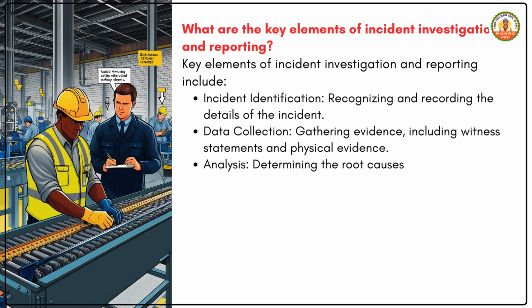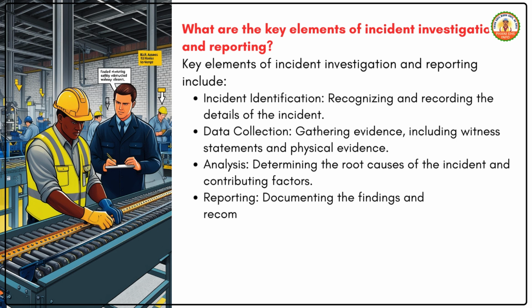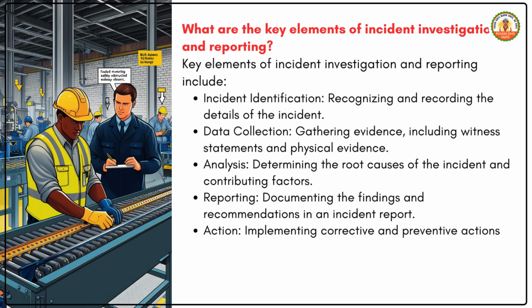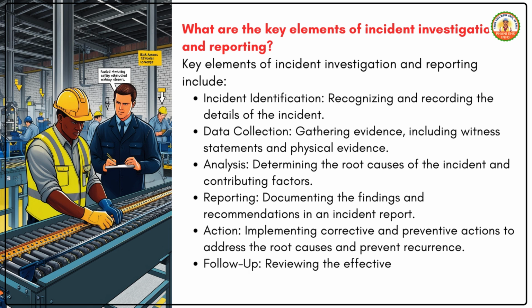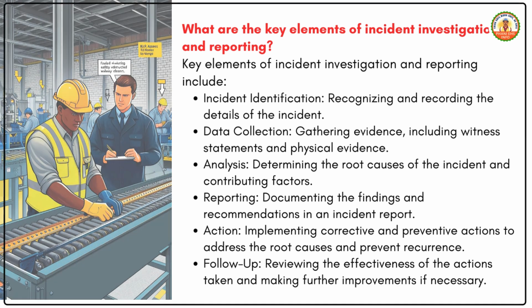Analysis, determining the root causes of the incident and contributing factors. Reporting, documenting the findings and recommendations in an incident report. Action, implementing corrective and preventive actions to address the root causes and prevent recurrence. Follow-up, reviewing the effectiveness of the actions taken and making further improvements if necessary.